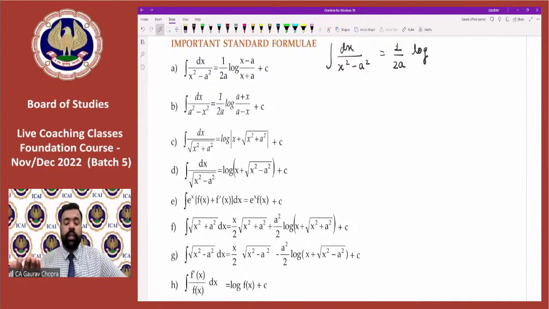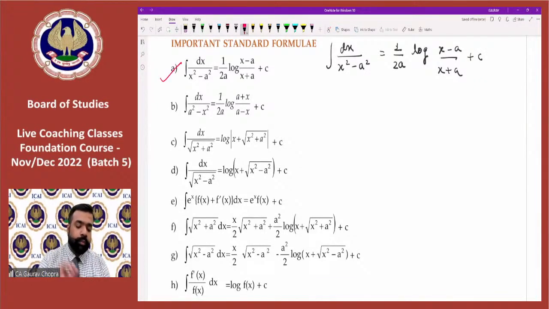It is a plus b and then a minus b. So since minus is here, we have to write x minus a in numerator and x plus a in denominator. And at last we will write plus c. This is the first formula.